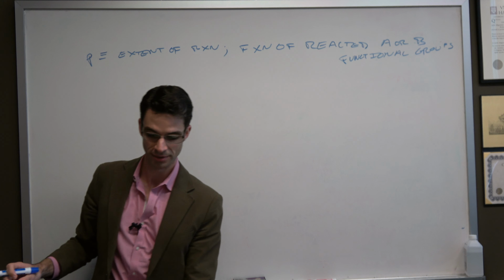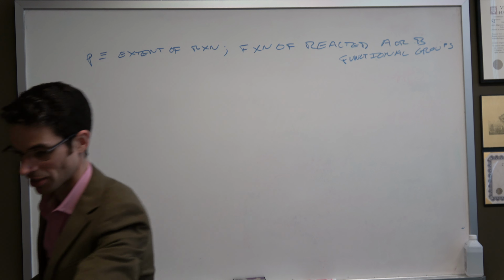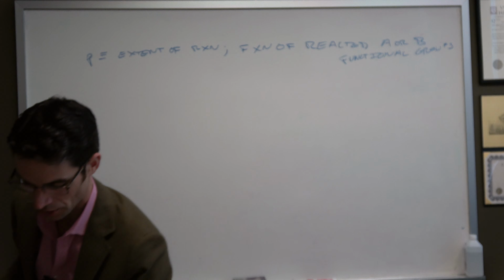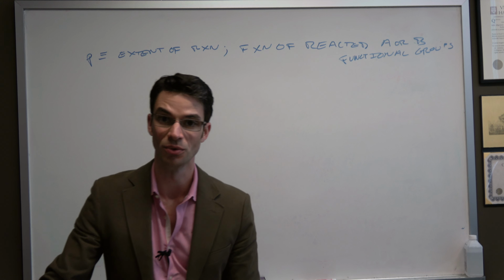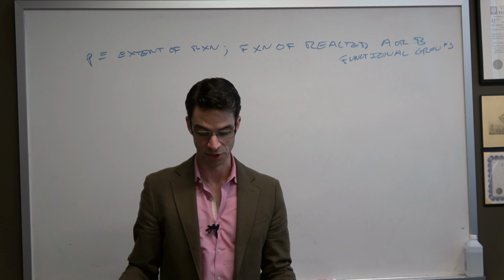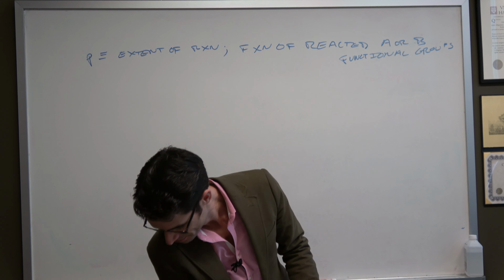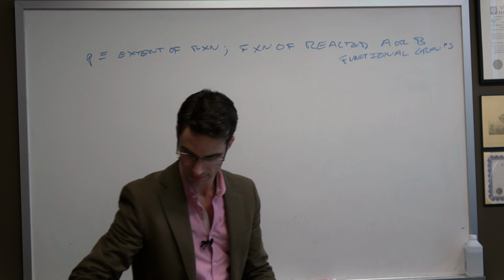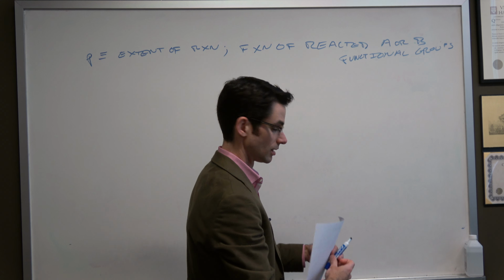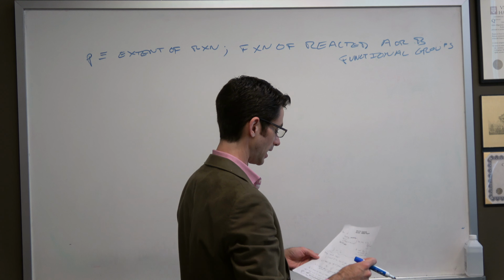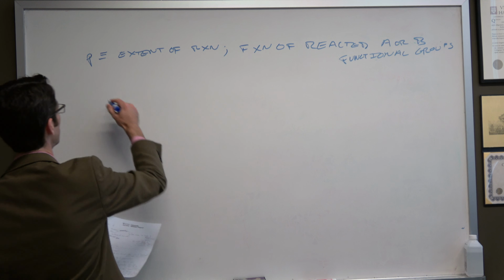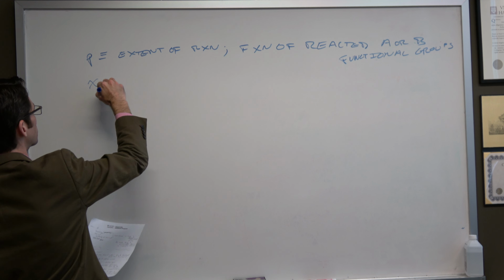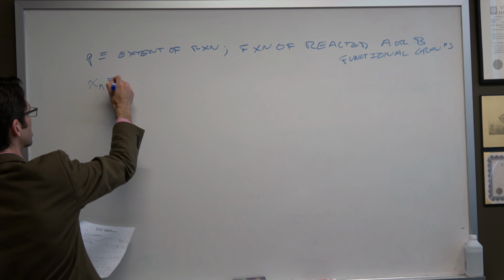So 100, or I'm sorry, 1.00 would give you 100% reaction. X sub n is the number average degree of polymerization.